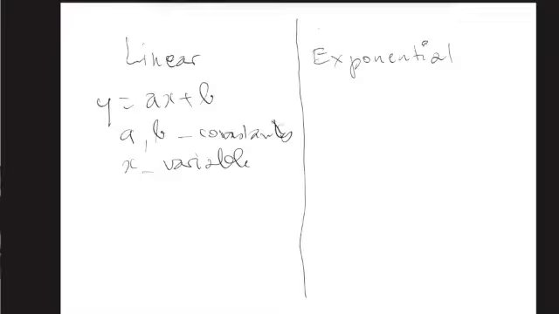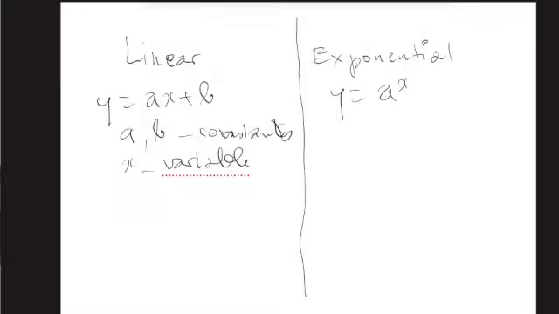Exponential growth, on the other side, is represented by this equation: y equals a to the power x. Same thing as on the linear side: on the exponential side, a is a constant and x is a variable.